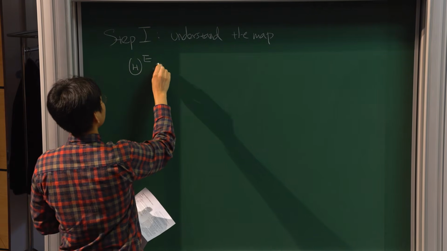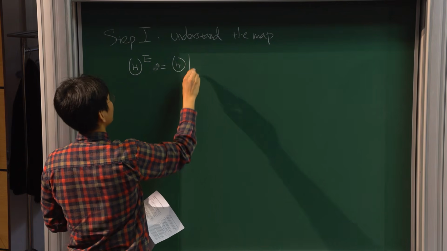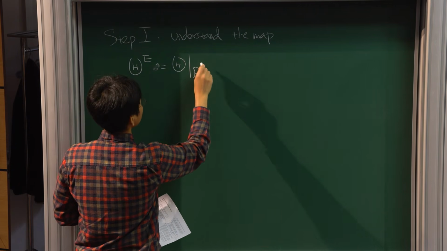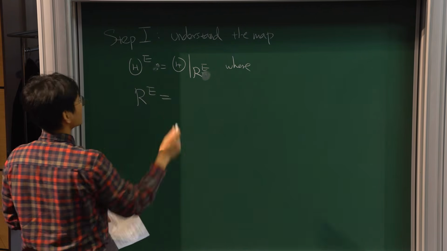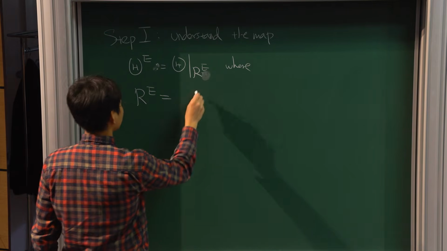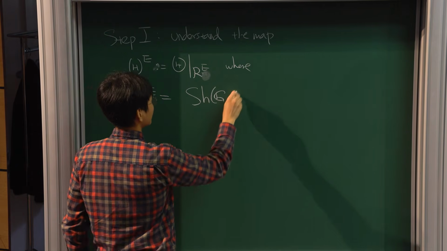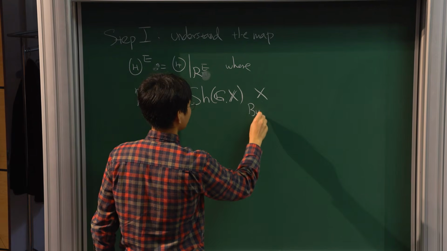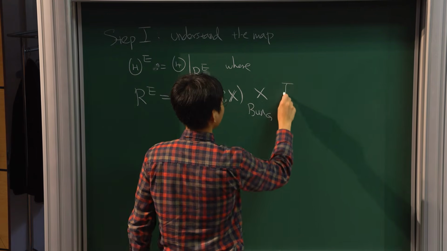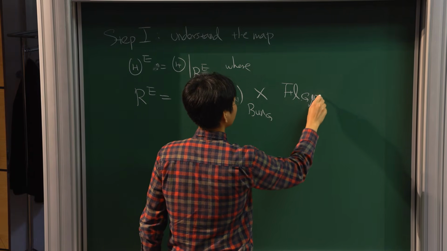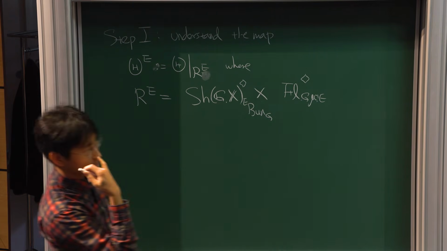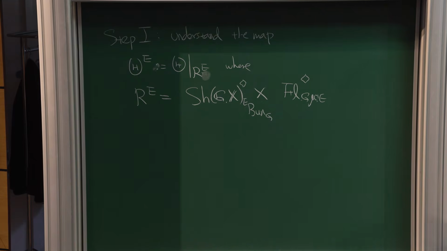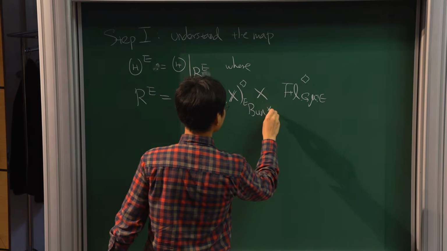It's just my notation for theta restricted to R_E, where R_E is, well, I take the Shimura variety and I take the product over Bun G with the flag variety. But I don't deal with the fact that I might have different untilts, so I also fix an untilt over E.